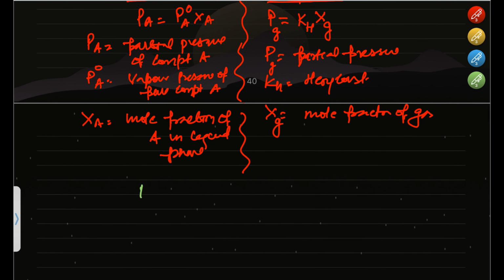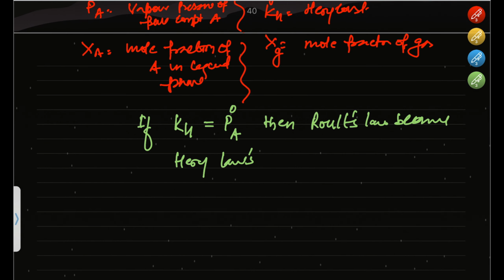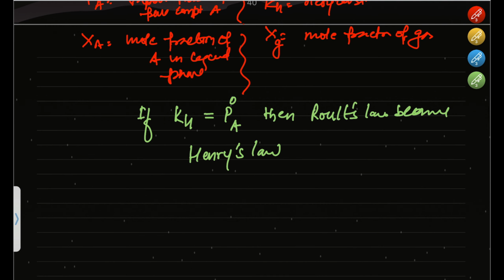If Henry's constant KH is equal to the vapor pressure of the pure component A, then Raoult's law becomes Henry's law.